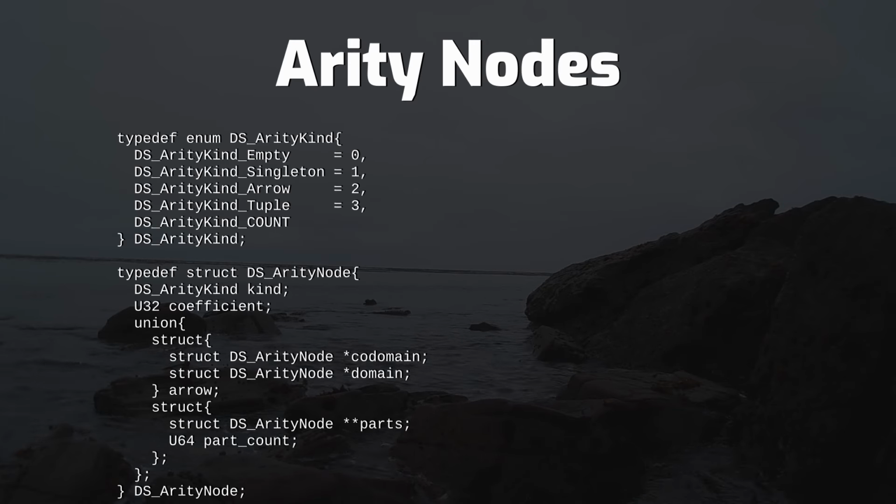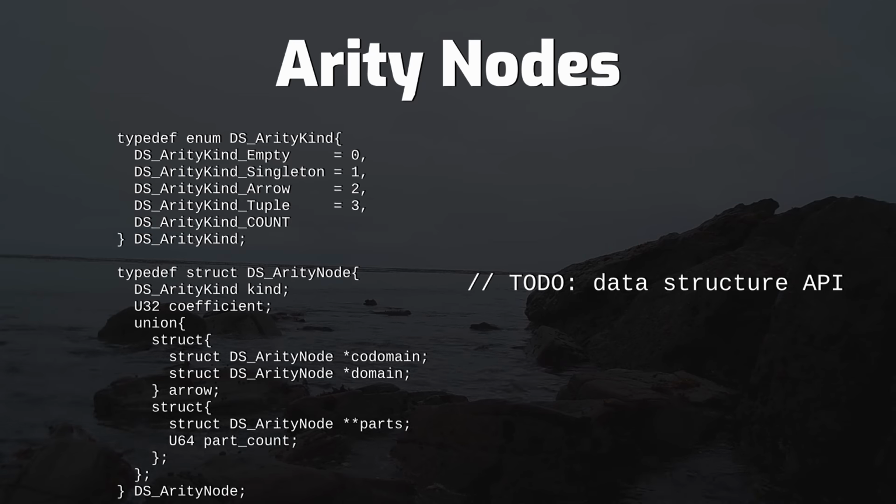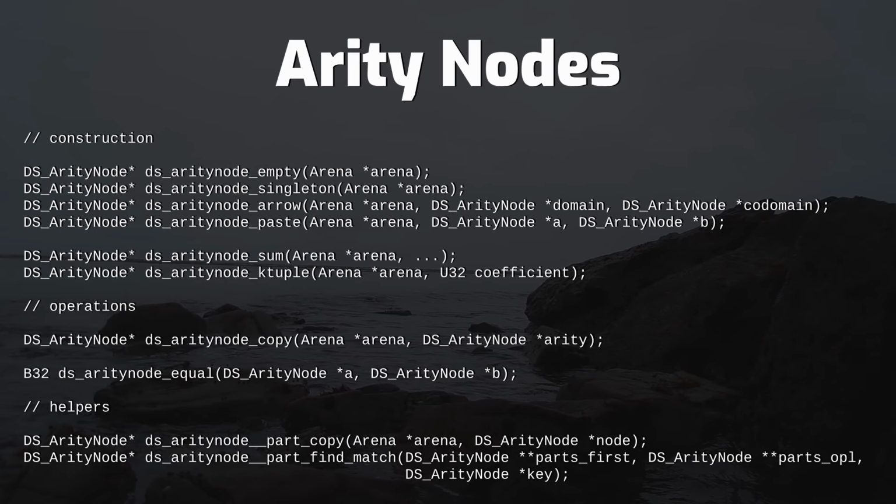Okay, so I've covered how the Arity node is laid out in memory. Next, I need to design and implement an API for constructing instances of my data structure and running operations on it. I have my API organized into 3 sections: construction, operations, and helpers. The construction section is for building up Arity node instances. The operations section is for anything that computes with Arity nodes as inputs or outputs.